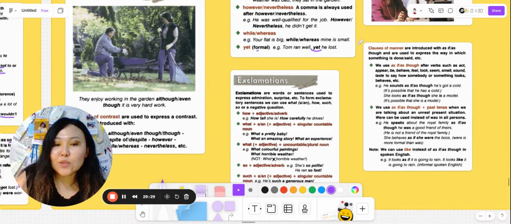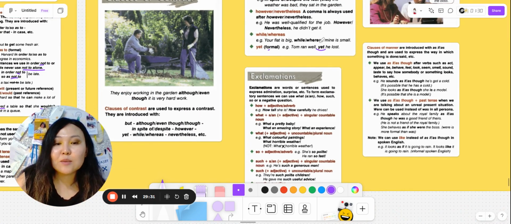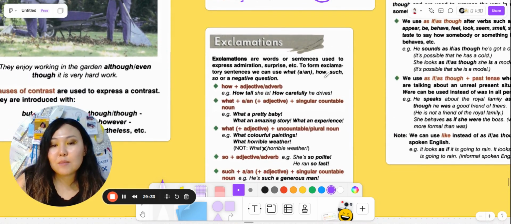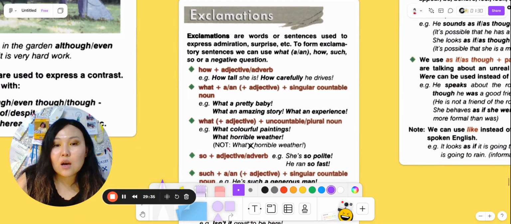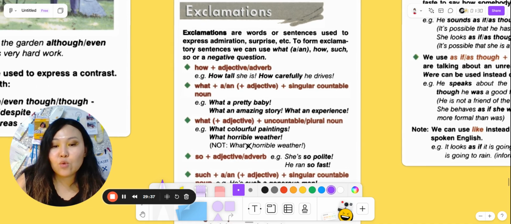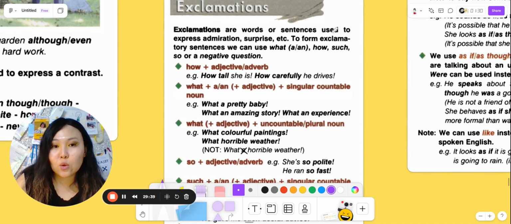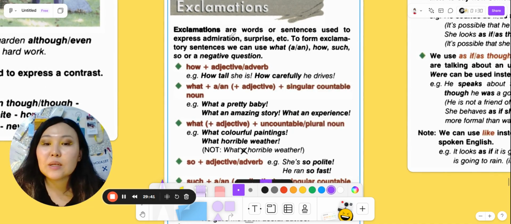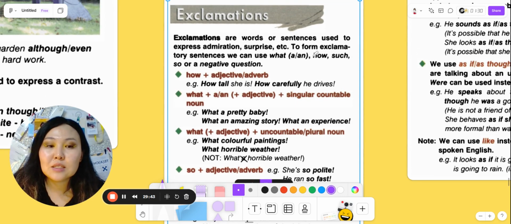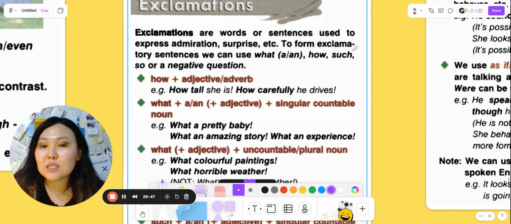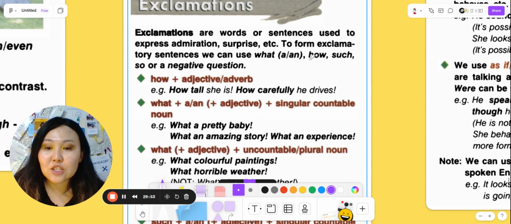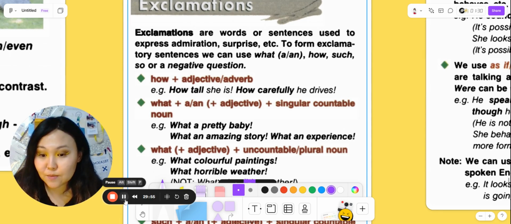So also here we will talk a little bit about exclamations because we see some words we use in clauses. The first one: exclamations are words or sentences used to express admiration, surprise, etc. To form an exclamatory sentence, we can use what, an, how, such, so, or a negative question.